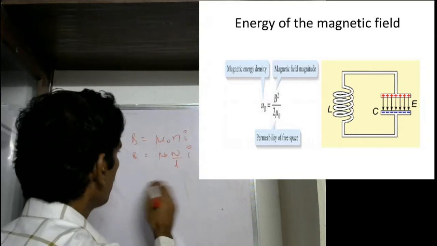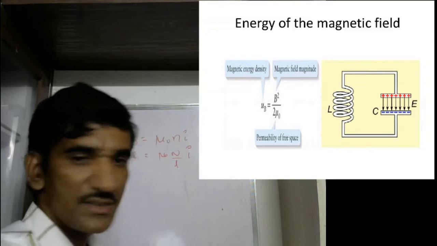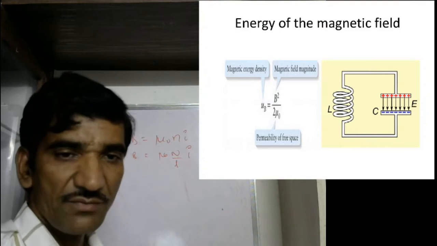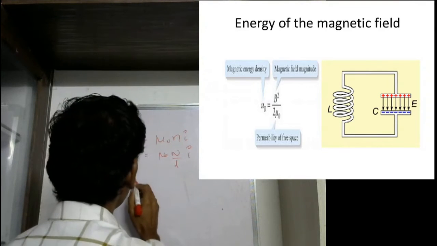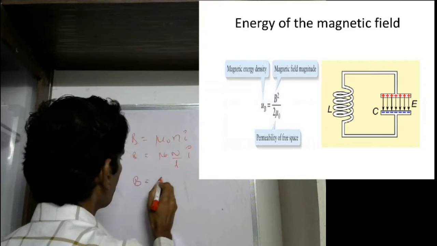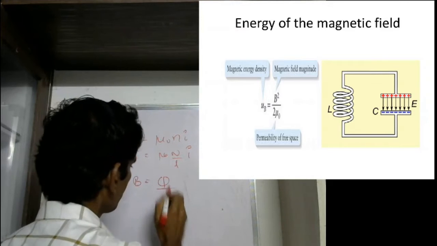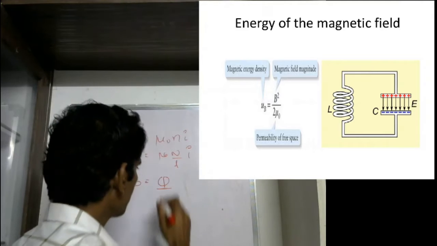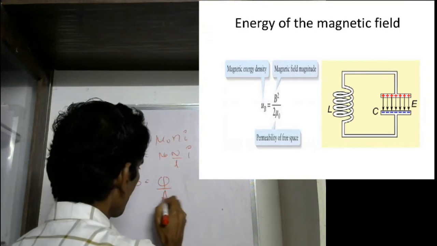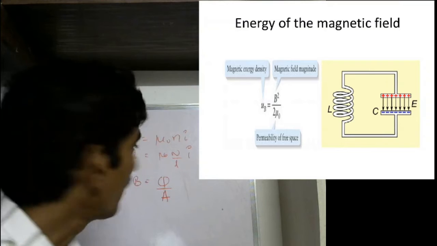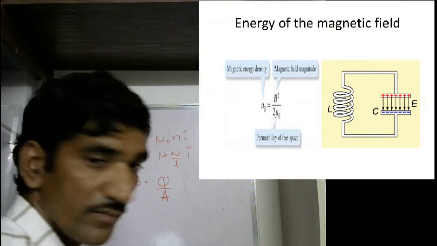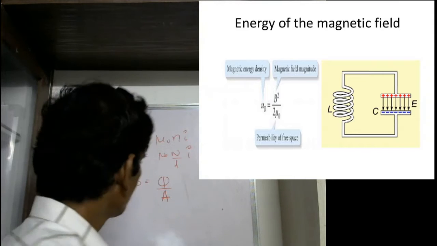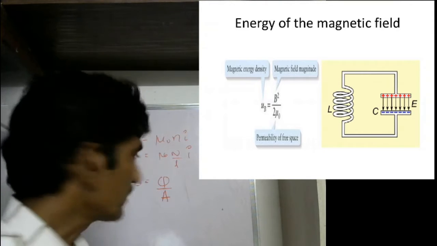Now let us write the definition of B in terms of flux. B is equal to phi by A. What is the total area of all turns?